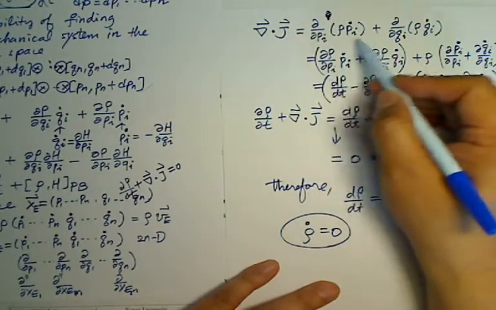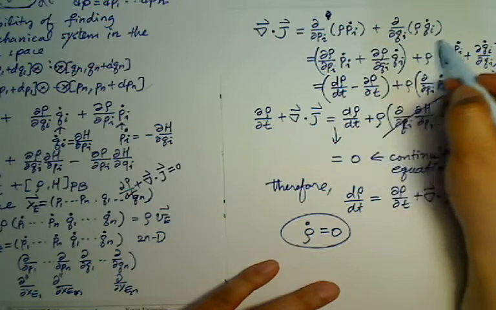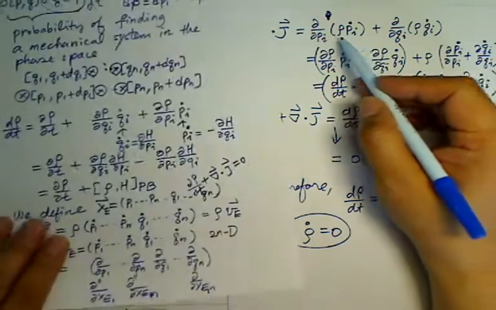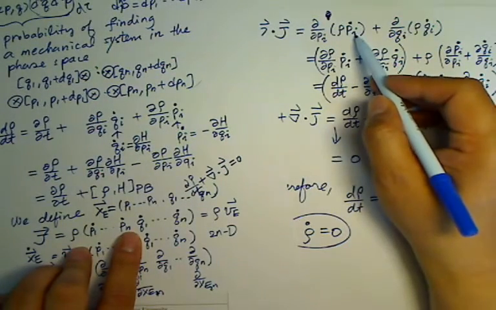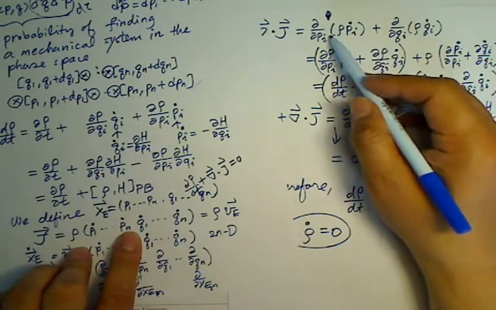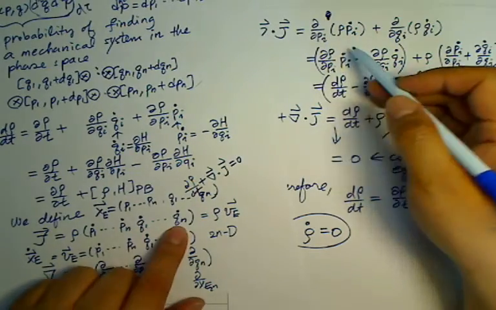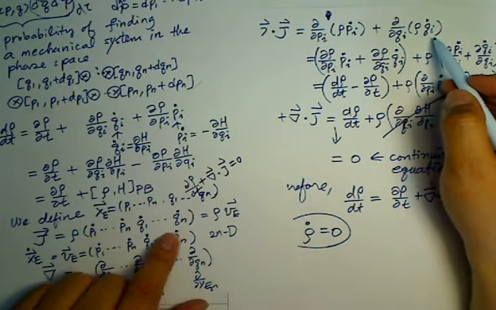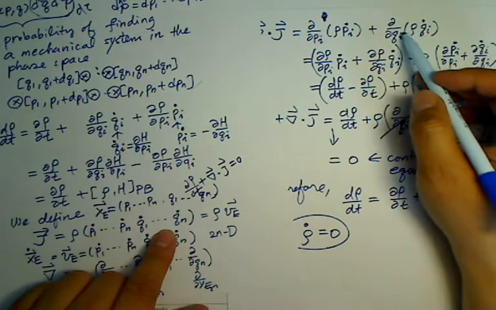The first n components are rho pi dot, with the pi derivative, and the last n components are rho qi dot, with the qi derivative.